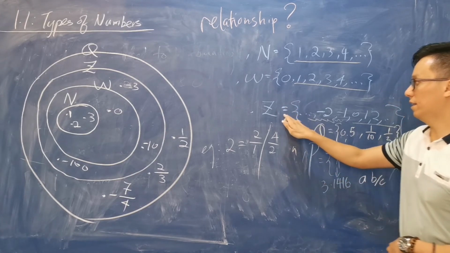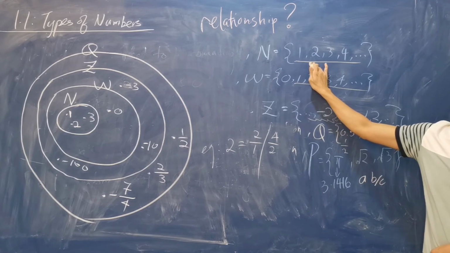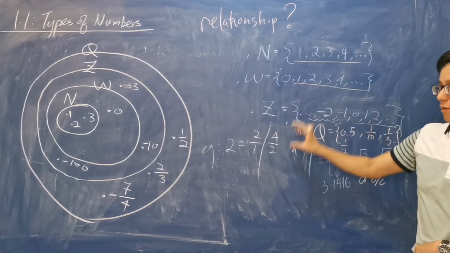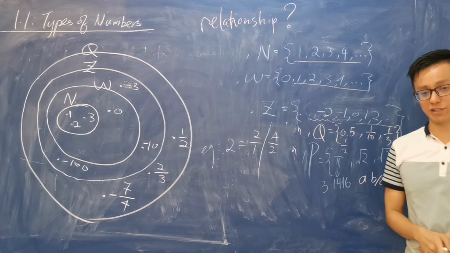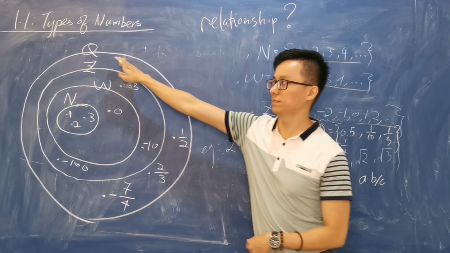That's why the integer or whole number or even natural number, all can be represented as fraction also. That's why we put them inside the fraction circle.